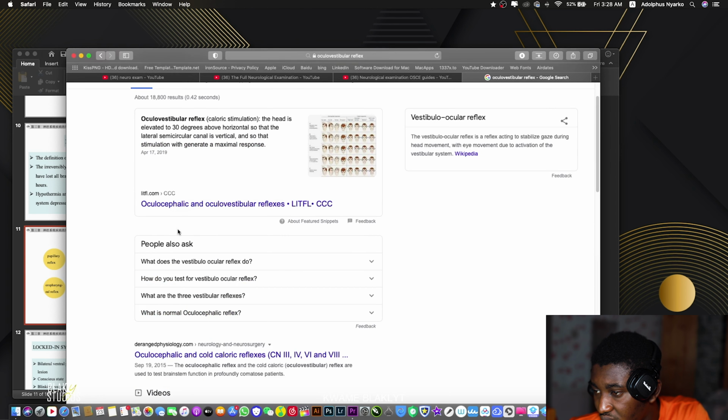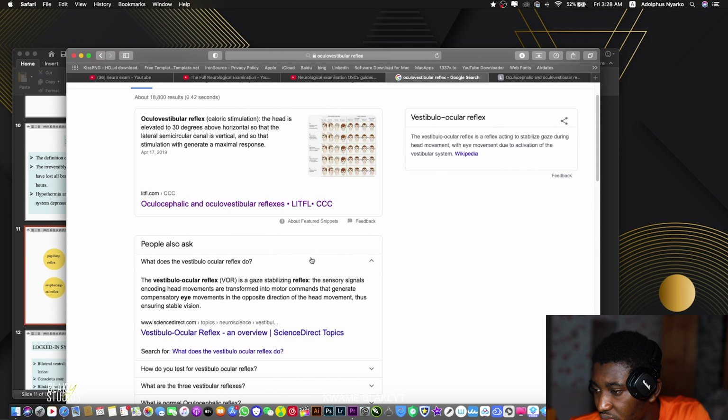Okay, so I don't understand that. I'm going to try to open this. The vestibuloocular reflex is a gaze stabilizing reflex. The sensory signals encoding head movements are transformed into motor commands that generate compensatory eye movements in the opposite direction of the head, thus ensuring stable vision.